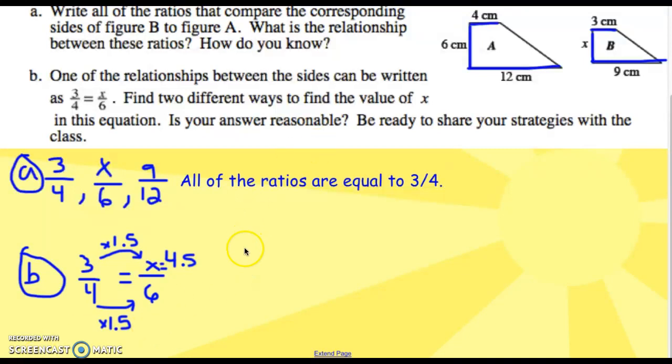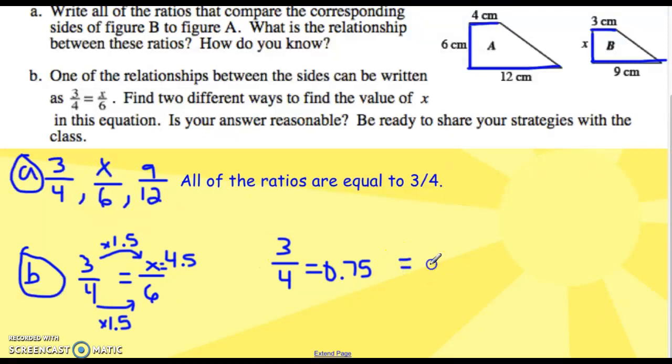Now I need to find another way to do it. Another strategy I would use is, I know that 3/4 means 3 divided by 4, and that equals 0.75. So 4 times 0.75 gives me 3.